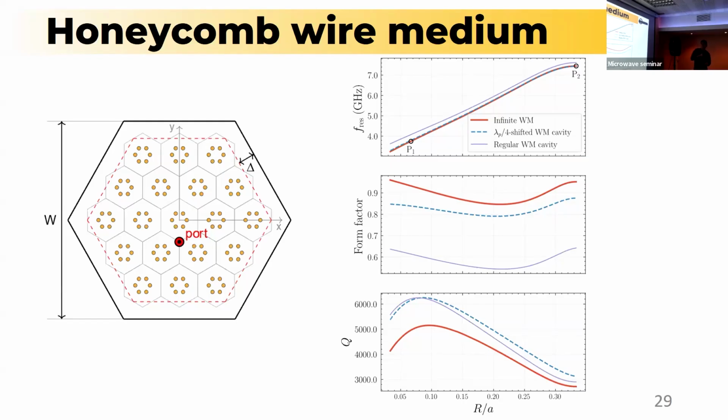Yes, actually, it's an interesting question. All of these results come from numerics. In the numerical results, for example, if we are talking about the infinite wire medium, the quality factor is a little bit hard to define because it's an infinite structure, and the quality factor is supposed to quantify the energy stored divided by the energy dissipated.